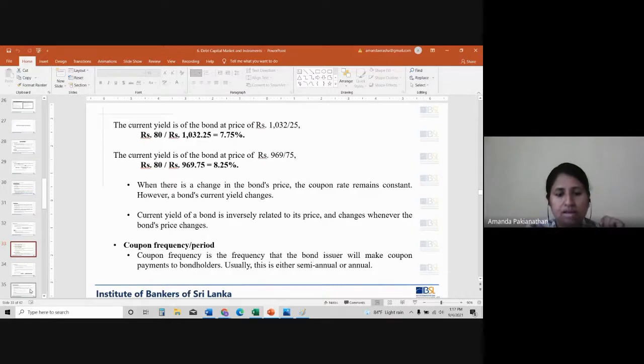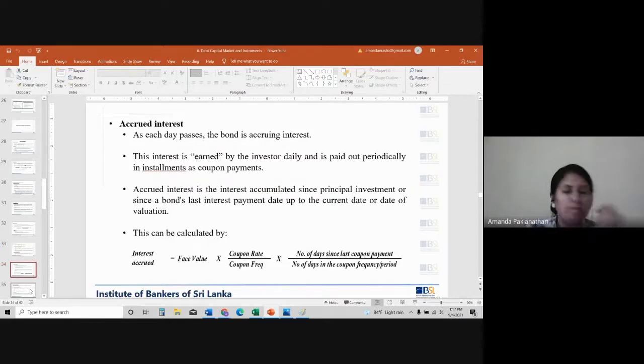Why do we need to know about the coupon period and the coupon frequency? Because that is very important for us to identify our cash flow. It is on that particular day that you will get a cash flow from this bond, and identifying that cash flow will help you to find the real value of the bond.